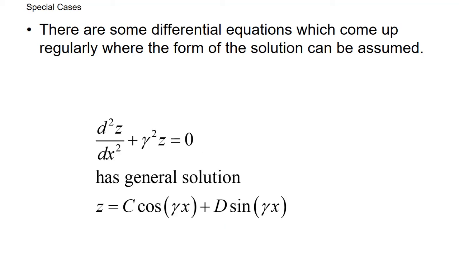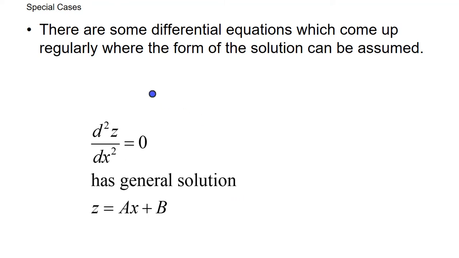Another one that comes up a lot is where we simply have a different sign here. The second derivative plus something times z is equal to 0. And if we write it as gamma squared, then we can go straight to z being one constant times the cosine of gamma x plus another constant times the sine of gamma x.